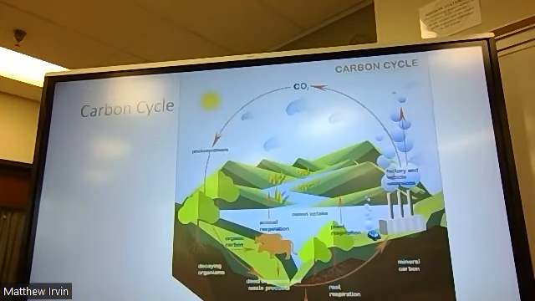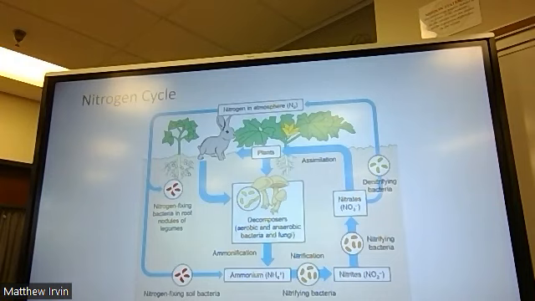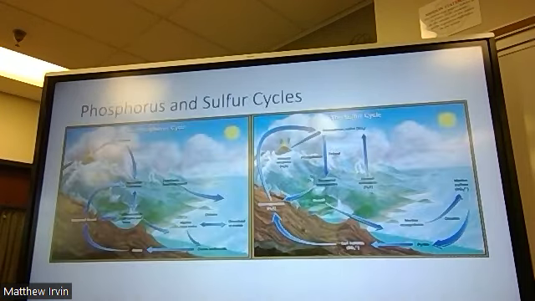Carbon cycle, important for what process? Photosynthesis and cell respiration. Nitrogen cycle, important for what biomolecules? Proteins and nucleic acids. Phosphorus cycle, important for nucleic acids in the backbone. Sulfur, important for proteins.